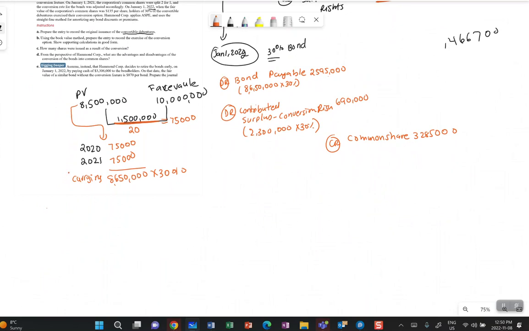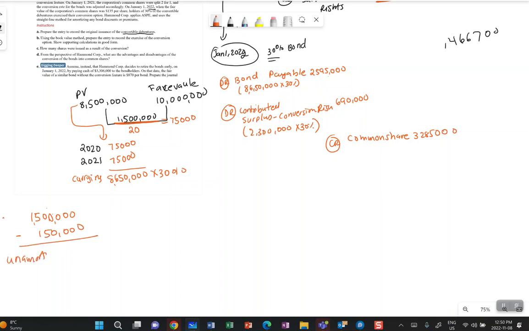One way of doing it is, my discount was 1.5 million that I needed to amortize. I already amortized $150,000 from it, so how much is the unamortized discount?